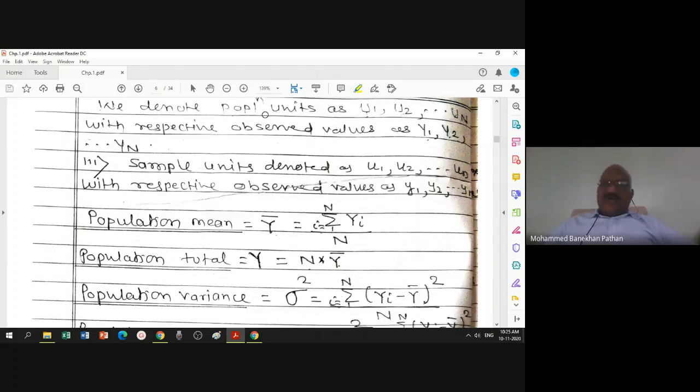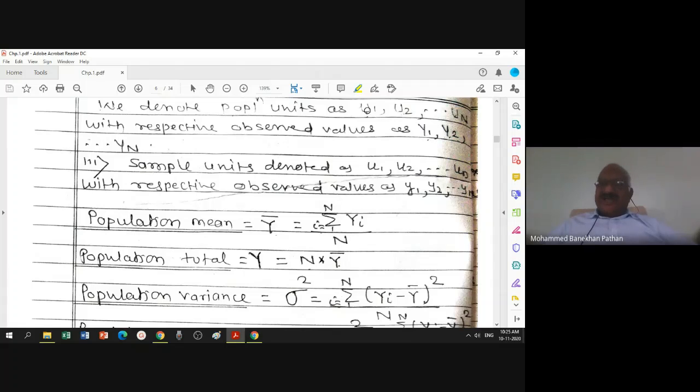Now in parallel to this, we have sample units, small u1, small u2, up to small un. Now small u1 is the first element selected from the entire population. So small u1 sometimes may be capital U1 or it may be U2, it may be anything from this population.